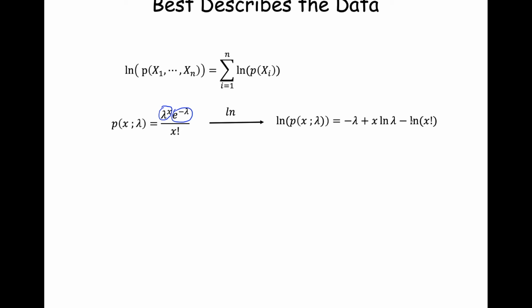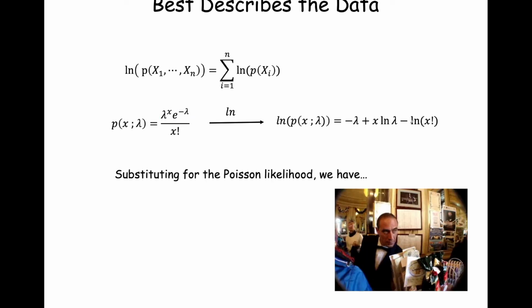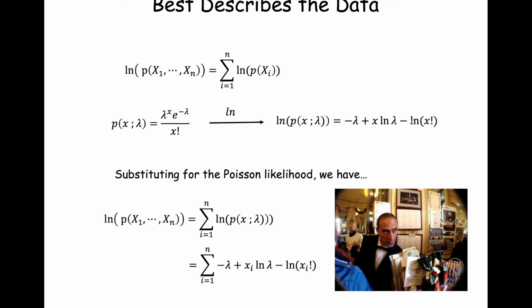So now we're going to substitute for this Poisson likelihood, this P of x, and we know what the log of the Poisson mass function is. So now this ln of P of x given lambda is now minus lambda plus xi ln of lambda minus ln of xi factorial.